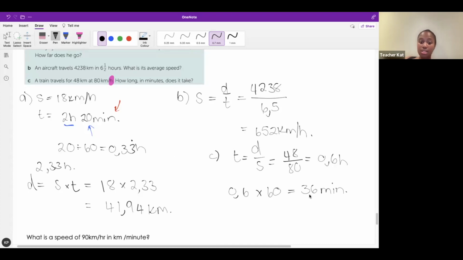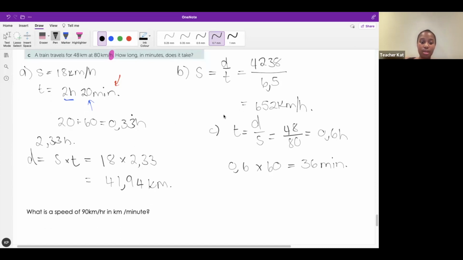So in 36 minutes, he has gotten as far as 48 kilometers. But after exactly an hour, we expect him to be at 80 kilometers. Then after exactly 2 hours, he has to be at 160 kilometers. So the 80 is the speed, not the distance.